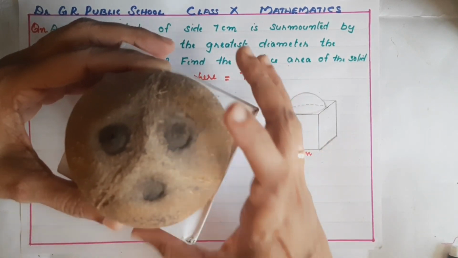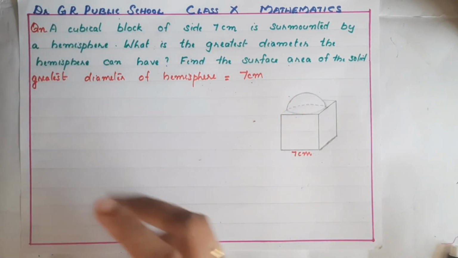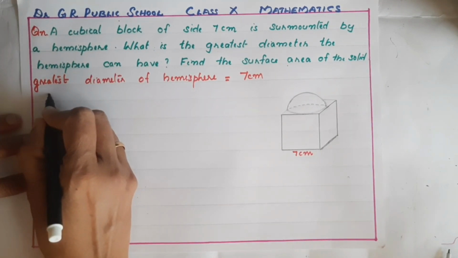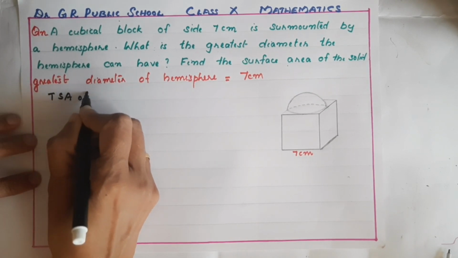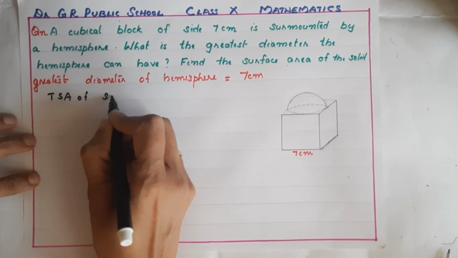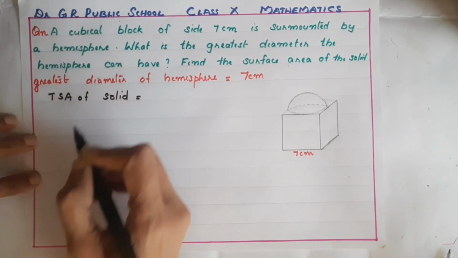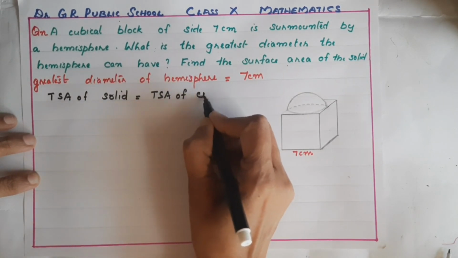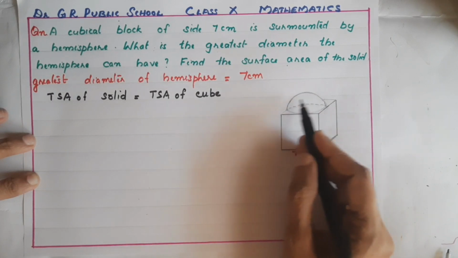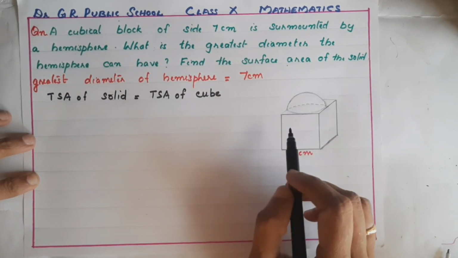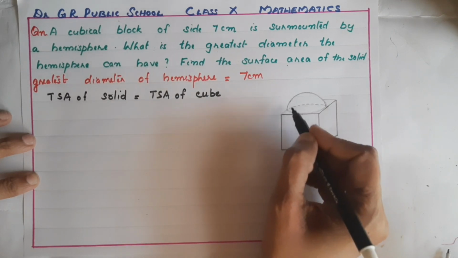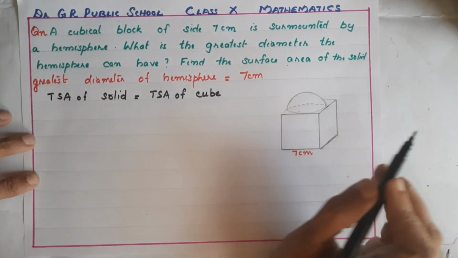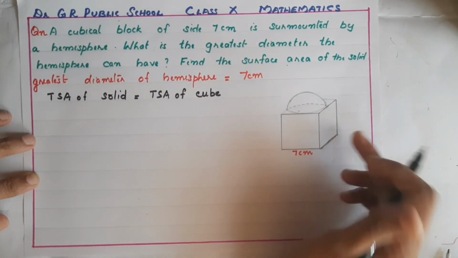Okay, children. So what is the total surface area of this resulting solid? How will we get it? TSA of solid is equal to TSA of cube. From the TSA of cube, how much is not visible? Base area of the hemisphere is not visible. So that we have to remove from the total surface area of the cube.